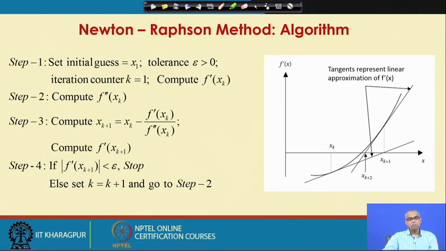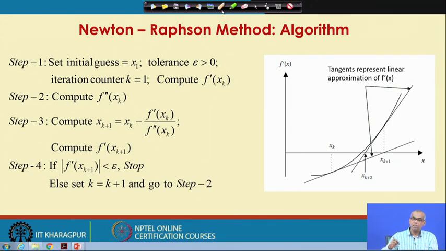So, what will be the algorithm? We set initial guess equal to x 1, we set a small tolerance value, set iteration counter k equal to 1, compute the first derivative at this point, x 1 in the beginning. We also compute the second derivative. Then let us say I am at kth iteration.